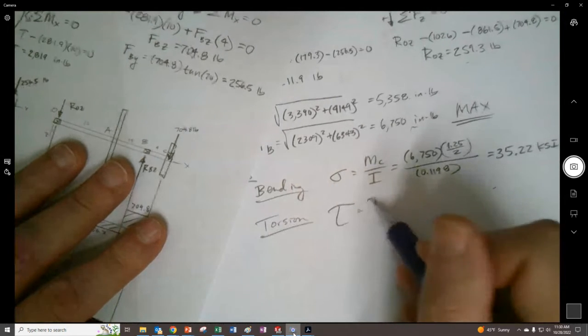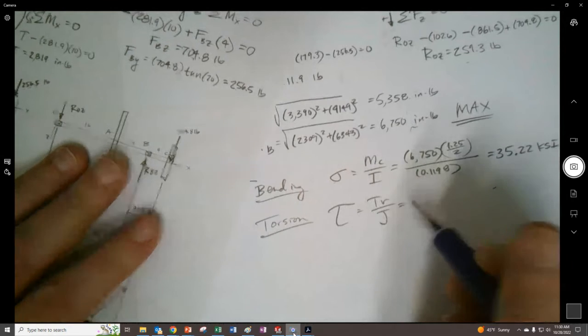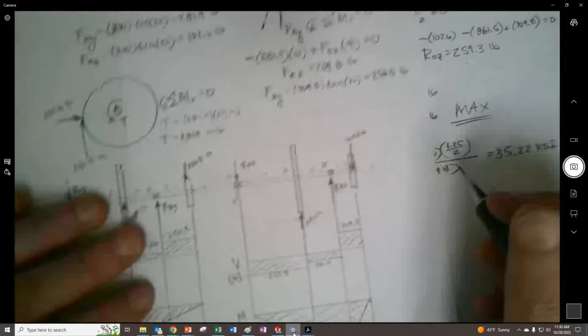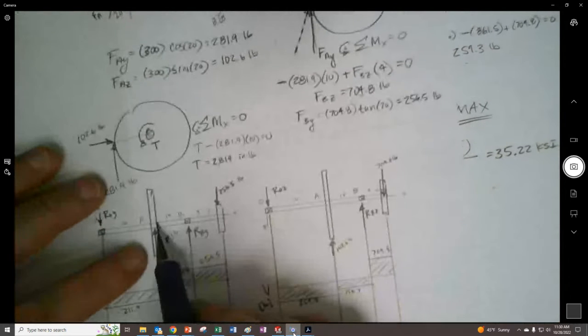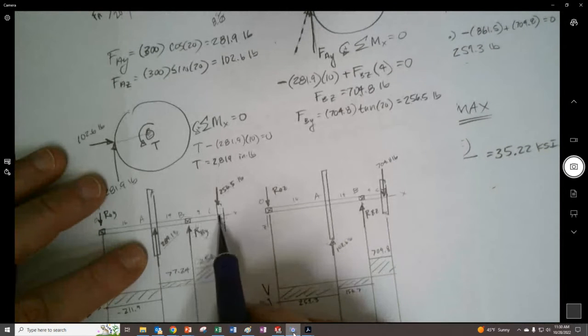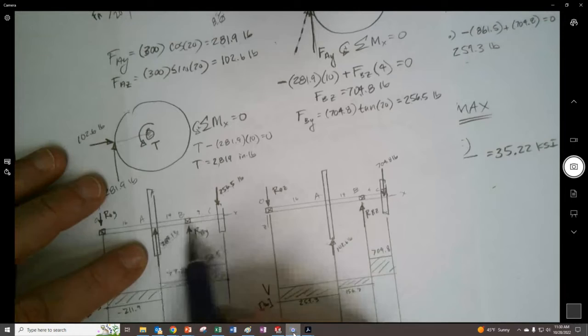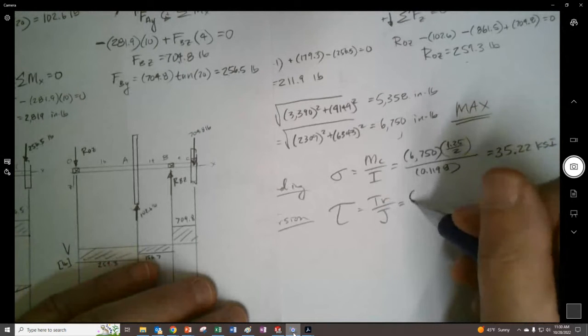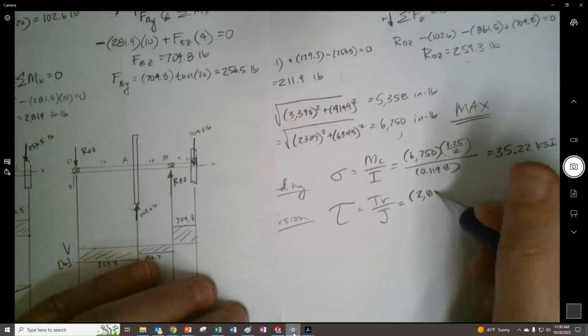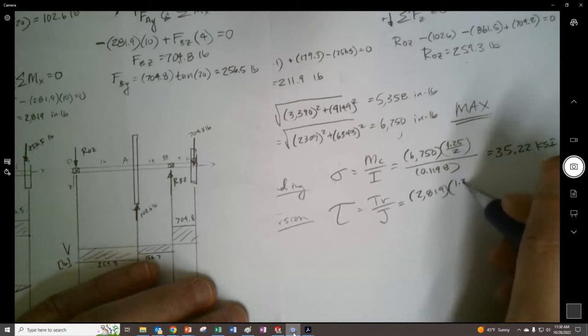And the tau is going to be TR over J. The torque we said was 2,819, and by the way, the torque is in the same place as the bending. Once again, 1.25 over 2.